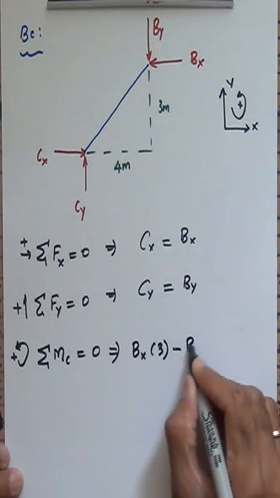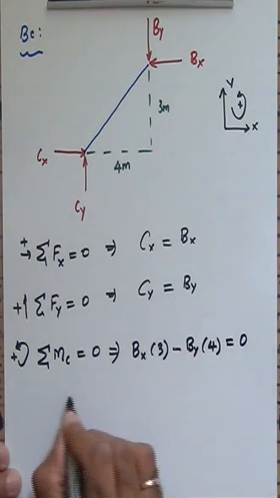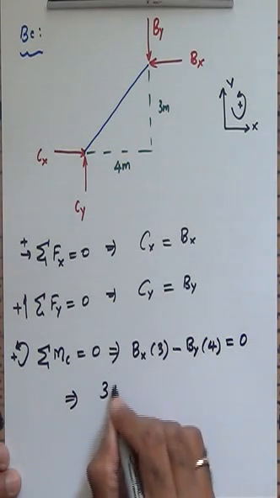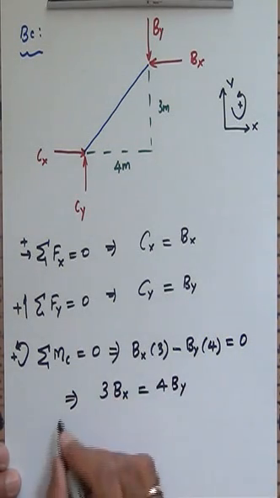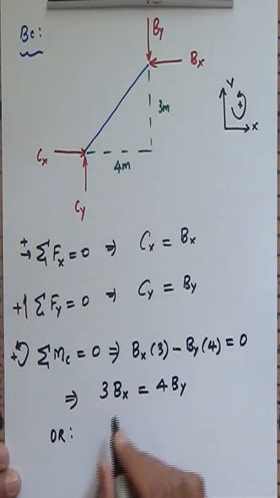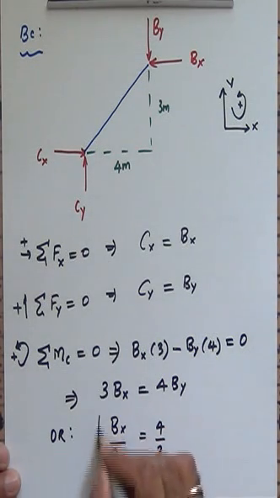So this is going to be minus By times 4 is equal to 0, which means that 3 times Bx is equal to 4 times By, or Bx by By is equal to 4 by 3.